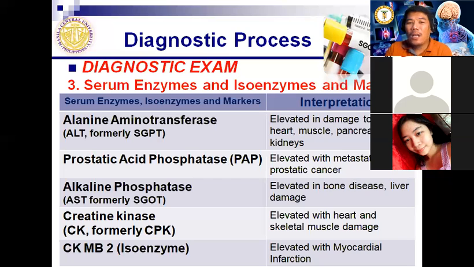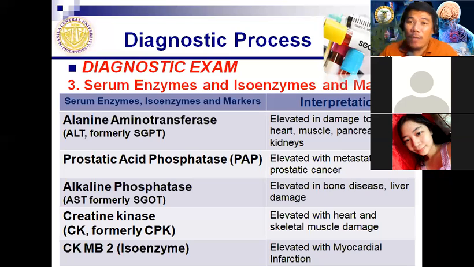So next, creatine kinase. Creatine kinase or CK can be found in the heart and skeletal muscle. However, MM are for muscle, creatine kinase MB is for the heart. So if there is damage in the heart and damage in the skeletal muscle, creatine kinase is the diagnostic parameter.